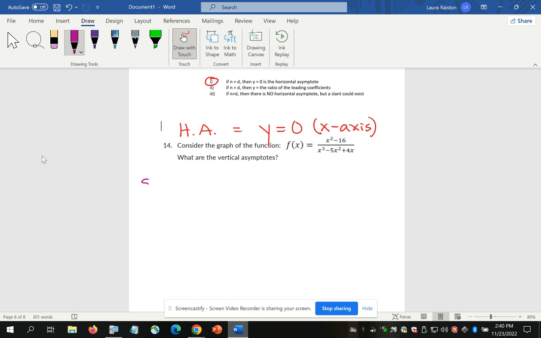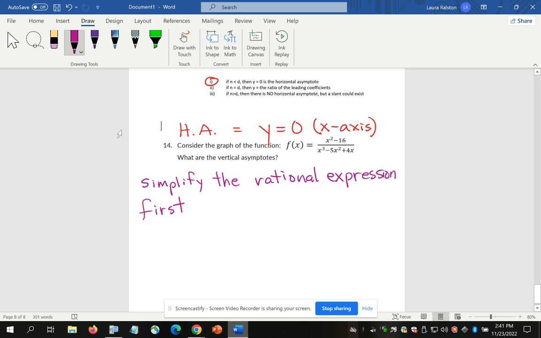You have to simplify the rational expression first, just like you would simplify a good old everyday fraction.